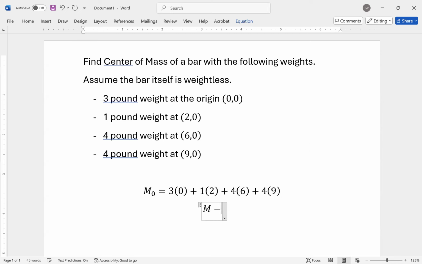Therefore, the moment about the origin is going to be 0 plus 2 plus 24 plus 36. So that is 62. Now, in this case, the mass is just the sum of the weights, 3 plus 1 plus 4 plus 4.